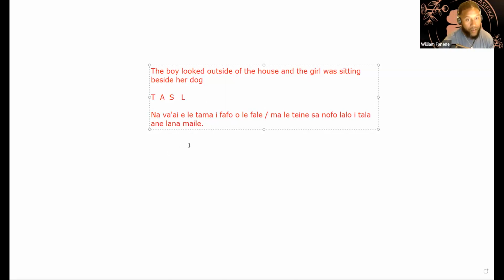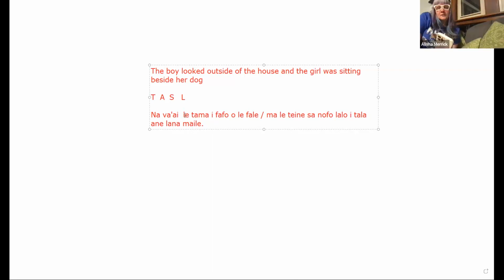Yep. So Narina said, Na va'ai le tama i fafo o le fale. Great. So let me move that. So we don't need the... because why is that? Because it's a direction.